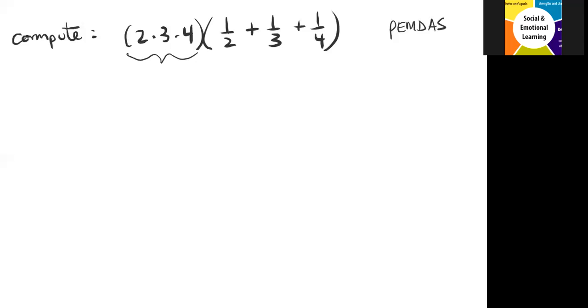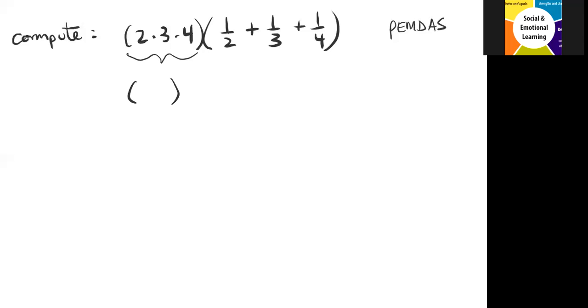What would that simplify to? We could use the associative property and group the 2 and 3 together and then times 4.